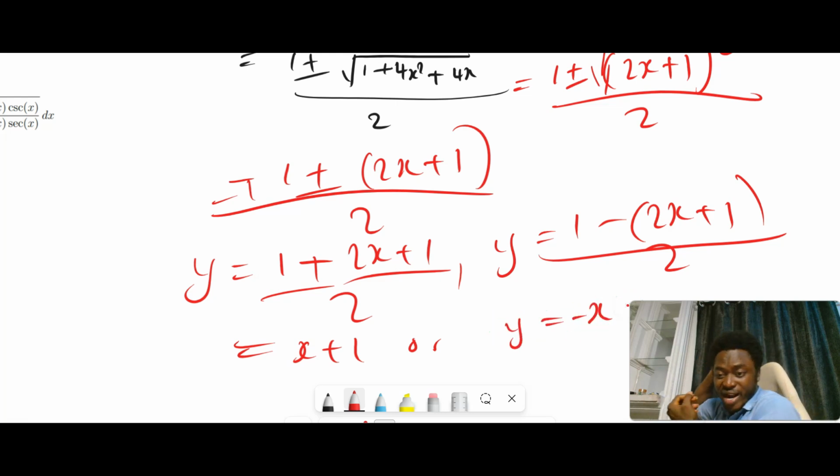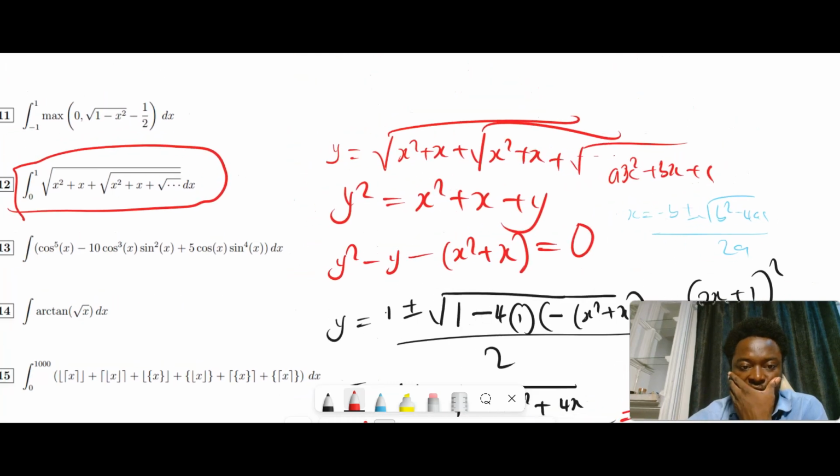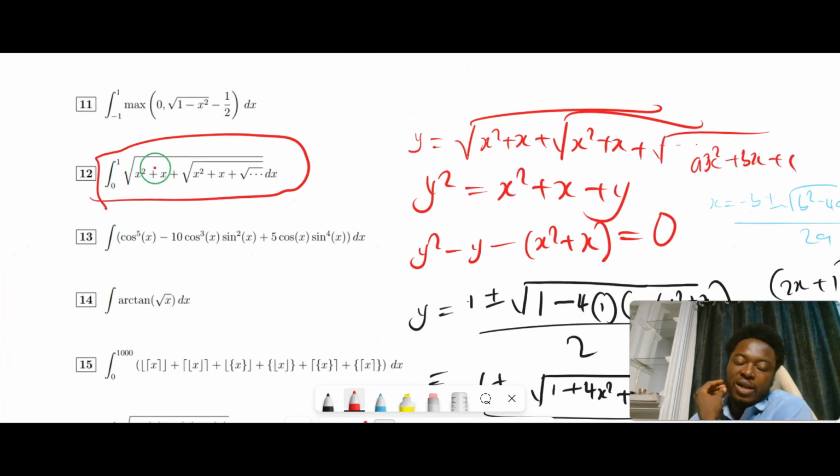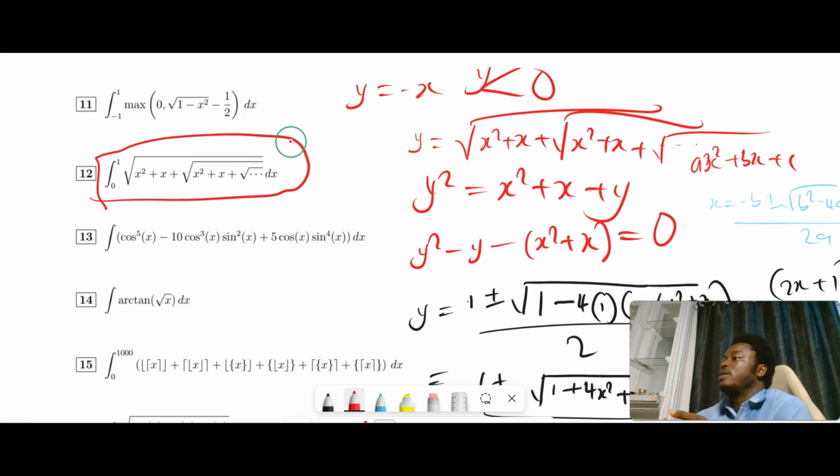Now y cannot be negative because x is positive. x is from 0 to 1, as you can see from the limit of integration. So if y is negative x, that means y is negative, and this is impossible because you can't have a square root being negative.